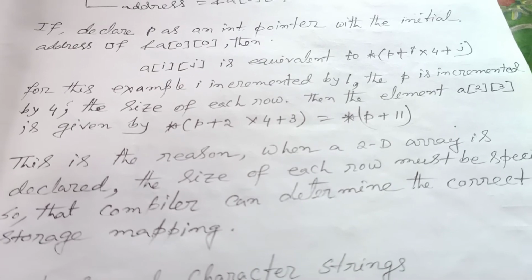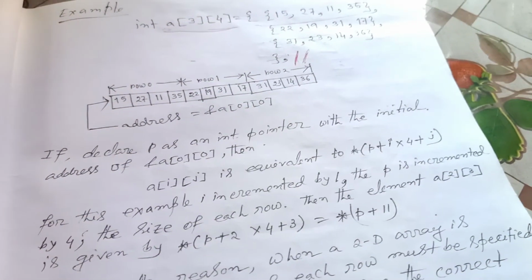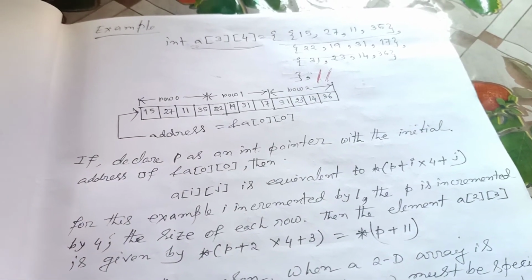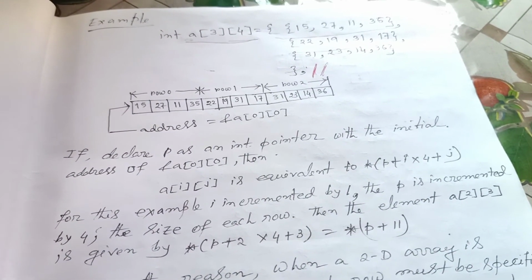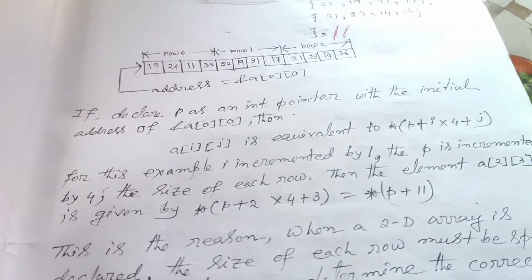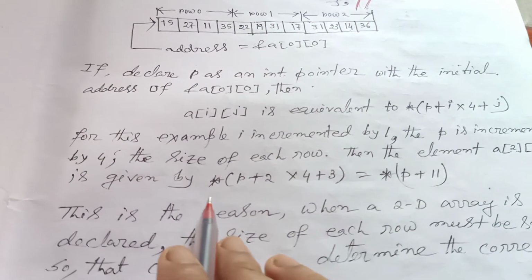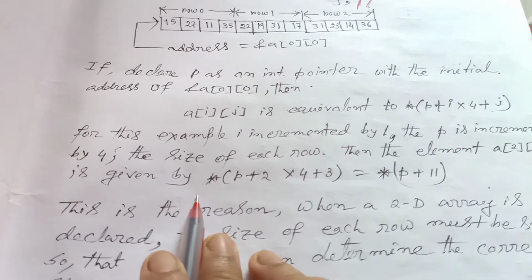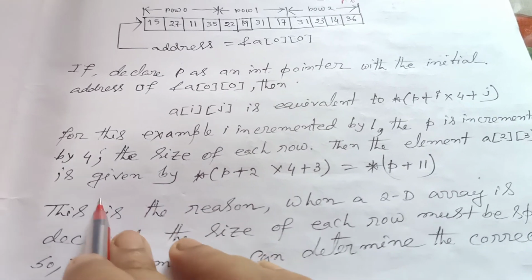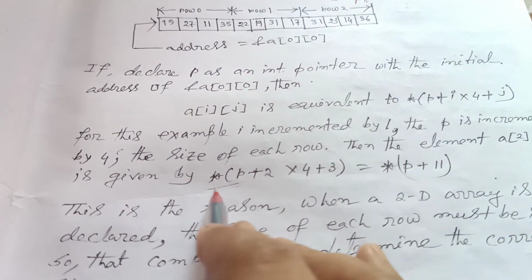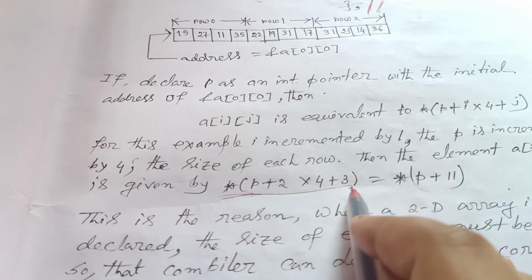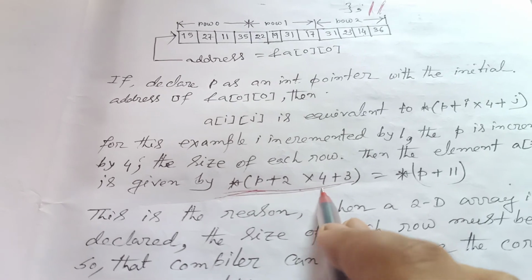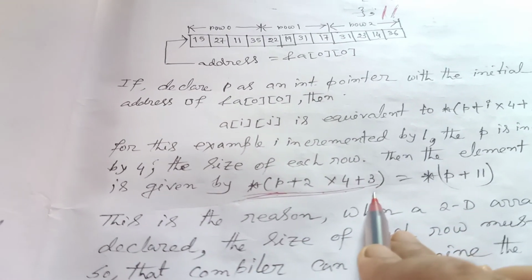That means A23, where 2 indicates the second row and 3 indicates the third value of the row. Then that means i equal to 2 and j equal to 3. So the pointer value will be pointer p plus 2 into 4 plus 3. Why into 4?